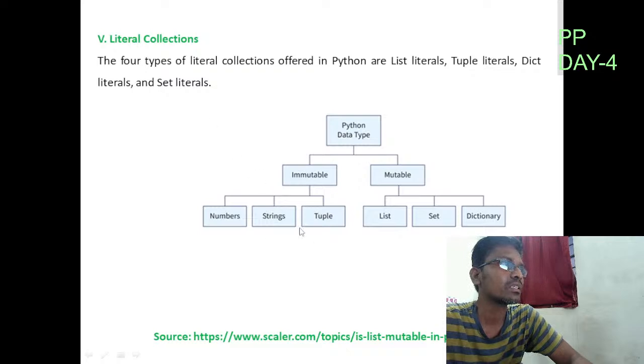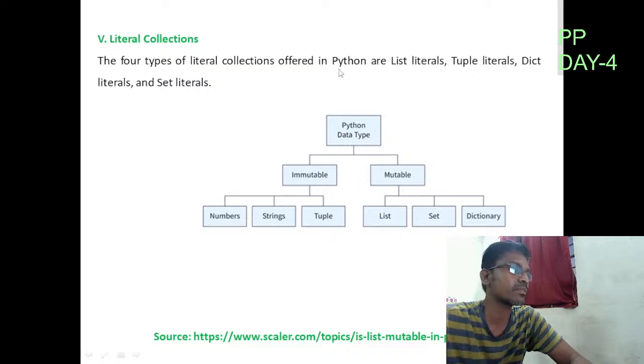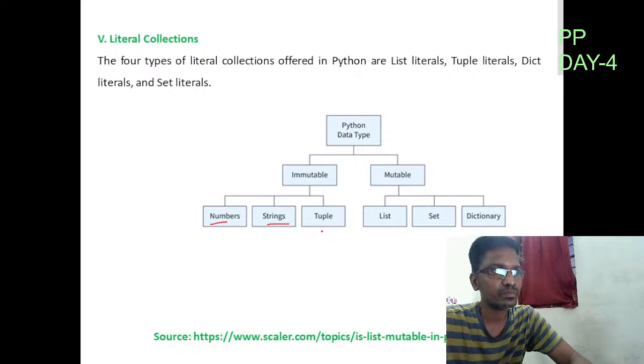So these are the different types of literals in Python. The literals are number literals and string literals. Under string literals you have single line and multi-line, and under number you have integer, long integer, float, and complex numbers.